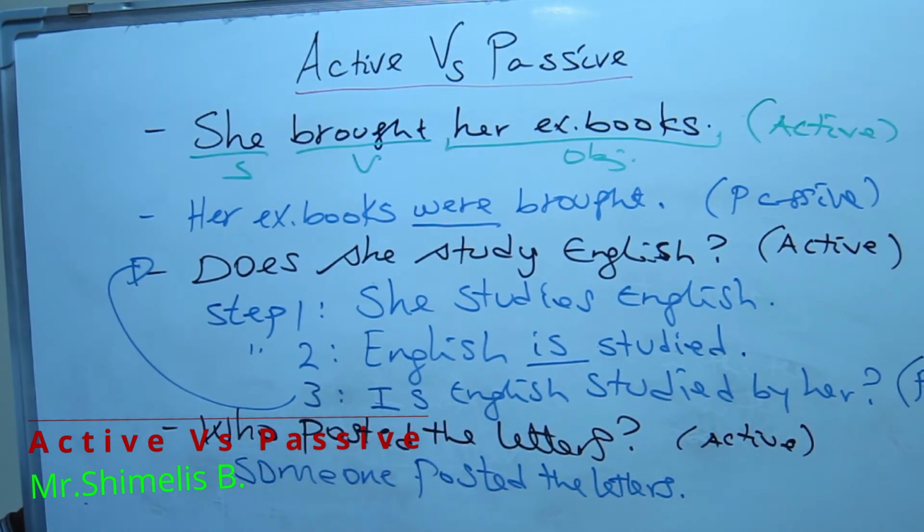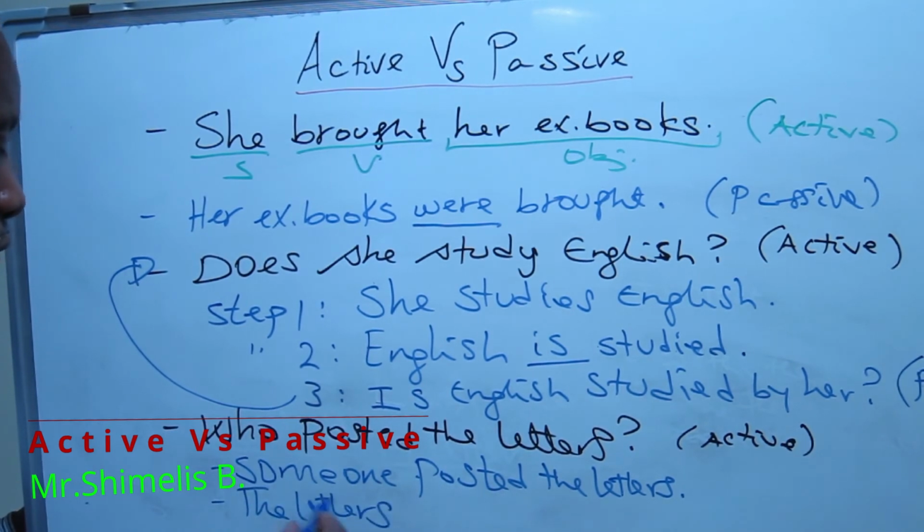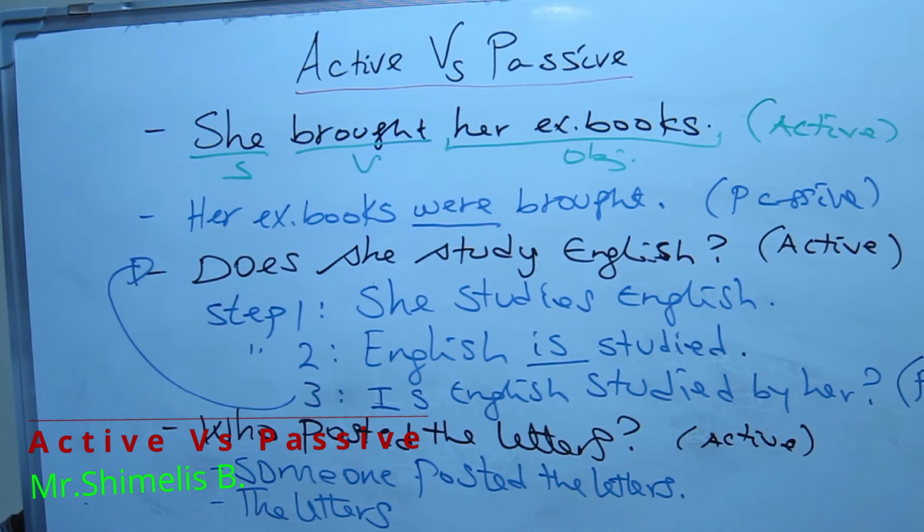Now next we change this to passive. So the passive form would be: the letters is our subject for the passive. As you can see, it's a plural noun, which makes the verb to be plural in number. Posted is a past tense, which makes the verb to be past.